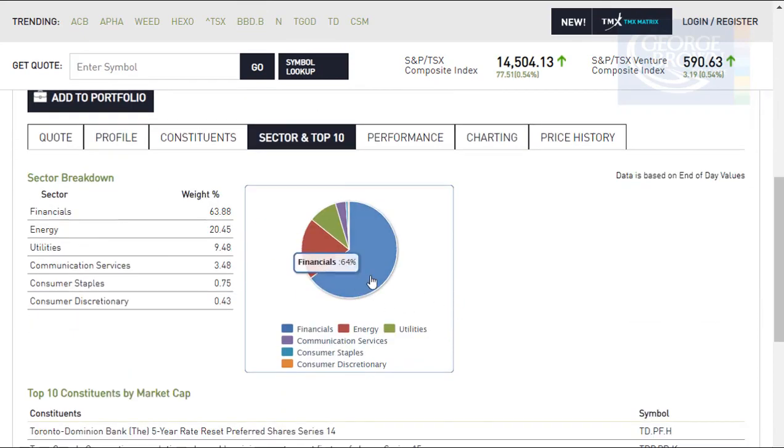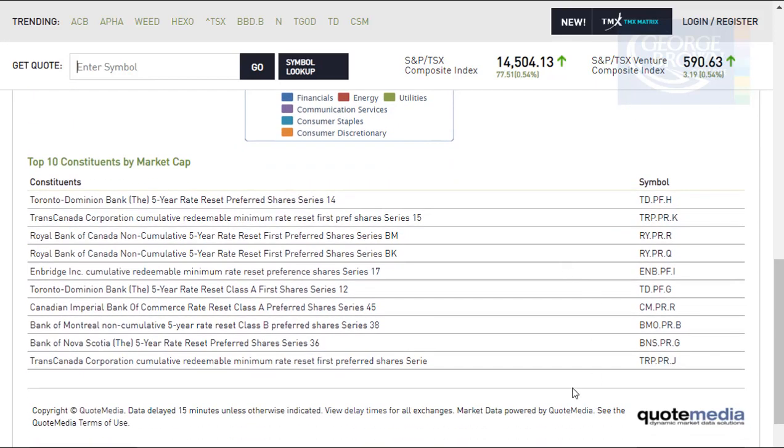You can see that financials heavily dominate. So banks issue preferred shares, and then it's followed by energy companies in Canada. Okay, so in terms of the preferred share index, financial companies are making up 64%. Okay, so you can see here some of the different preferred shares in terms of the top 10.